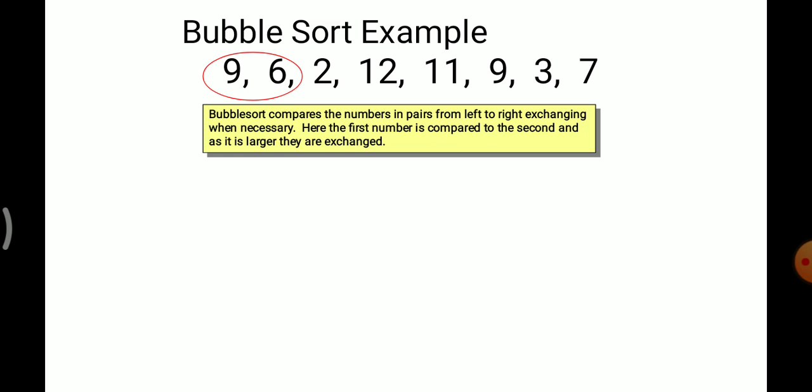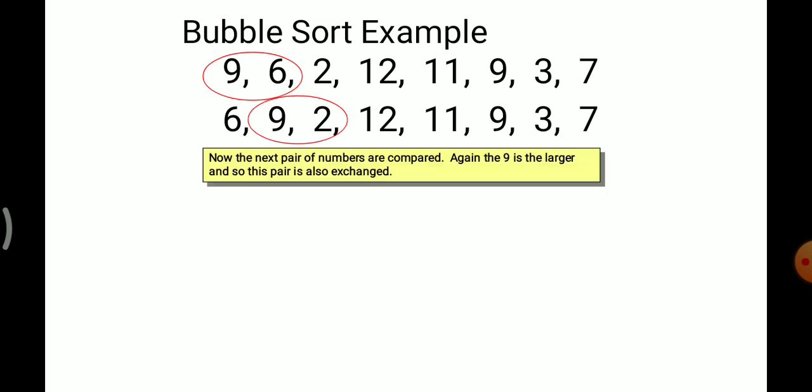Here 9 and 6 are compared, and there is a requirement of exchange of the number positions, so the 6 gets the position of 9 and 9 gets the position of the 6. The first element is compared to the second, and as it is larger they are exchanged.